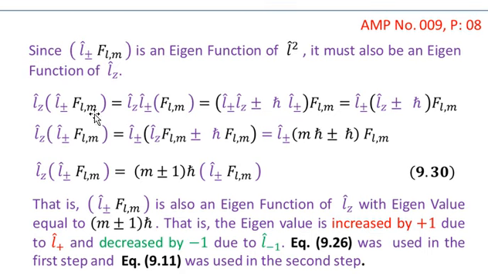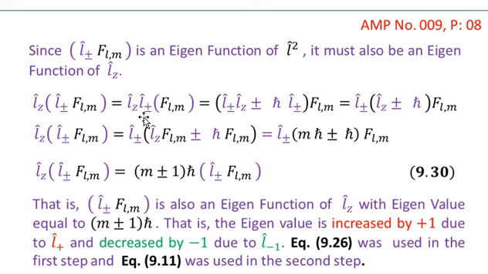Now, since L plus-minus F is an eigenfunction of L square, it must also be an eigenfunction of Lz, because we have also considered previously that the eigenfunction of L square will also be the eigenfunction of Lz. So now let's operate on the eigenfunction L plus-minus F with Lz on the left hand side.